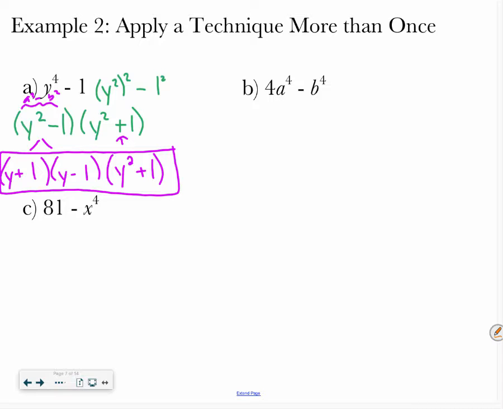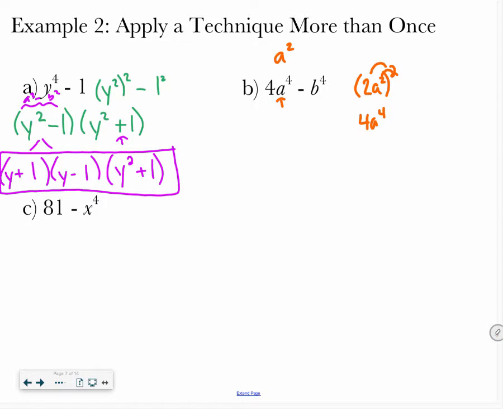So if I have 4a to the 4th minus b to the 4th, how can I rewrite 4a to the 4th to be in an a squared form? Well, I know if I do 2a squared squared, if I were to distribute that power of 2, that would become a 4. That would become a to the 4th.